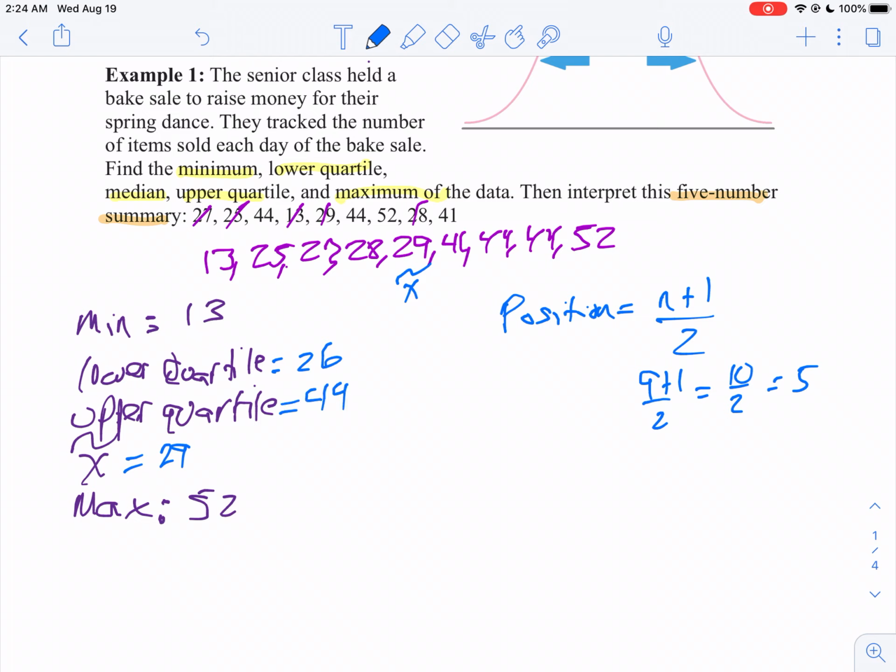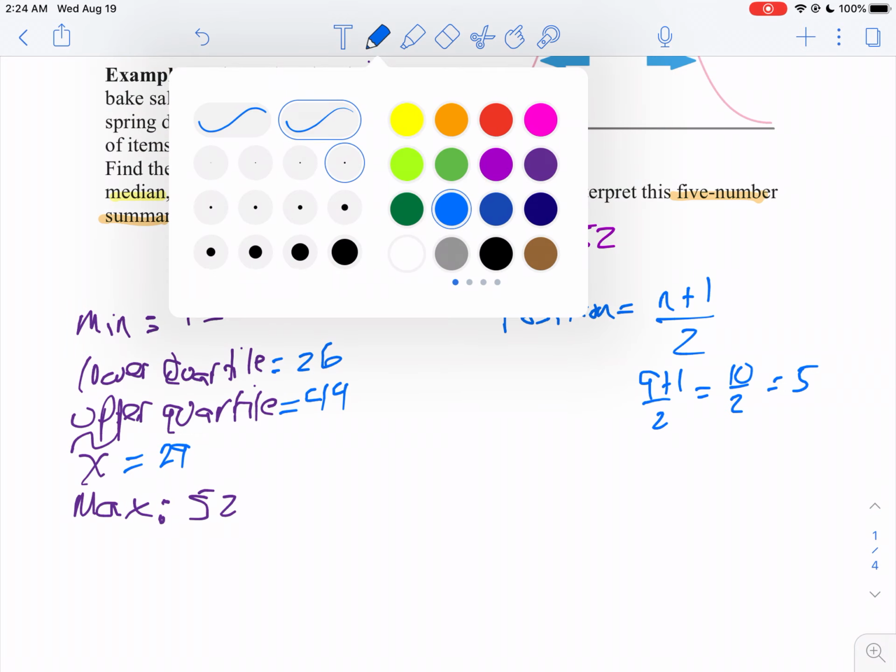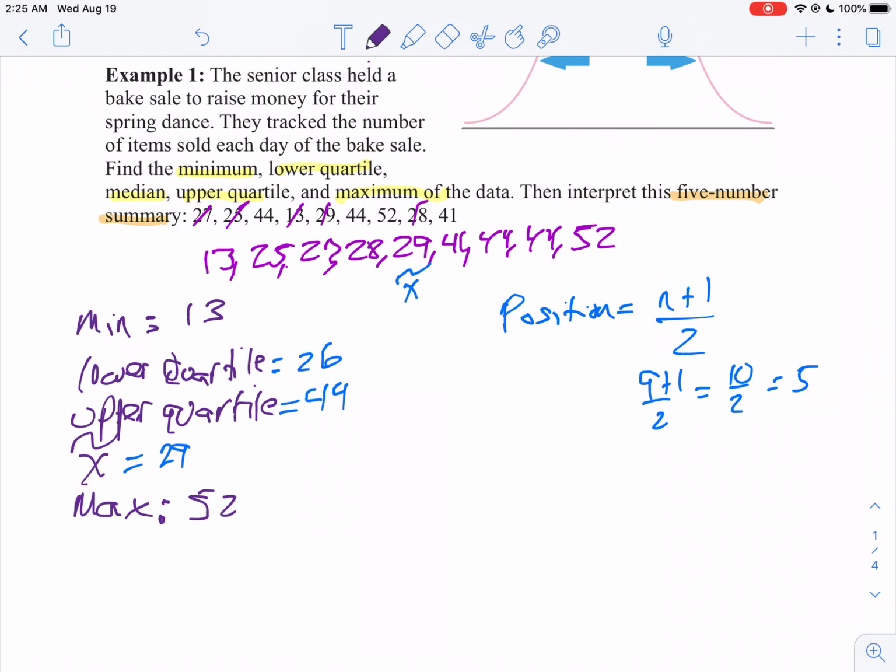Now let's interpret this. So now we're just going to pretty much write down what we've found out. So we're doing bake sales.